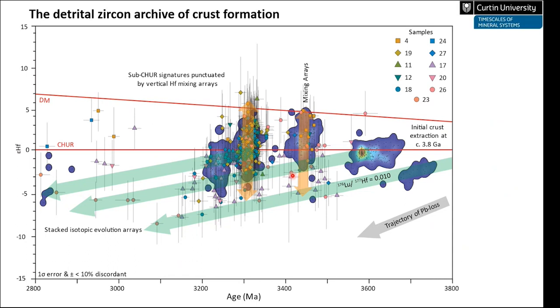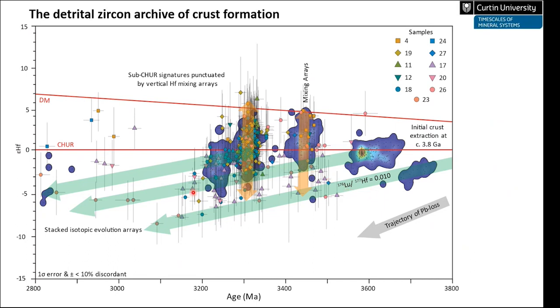The interlude between such rejuvenation events is characterized by continued isotopic evolution in several stacked arrays, best characterized by a 176Lu/177Hf ratio of around 0.010, which is consistent with Archean TTG formation. And these periods of mixing with more juvenile material are associated with significant crust generation and the emplacement of supersuites that would go on to form the granitoid domes of the Pilbara.